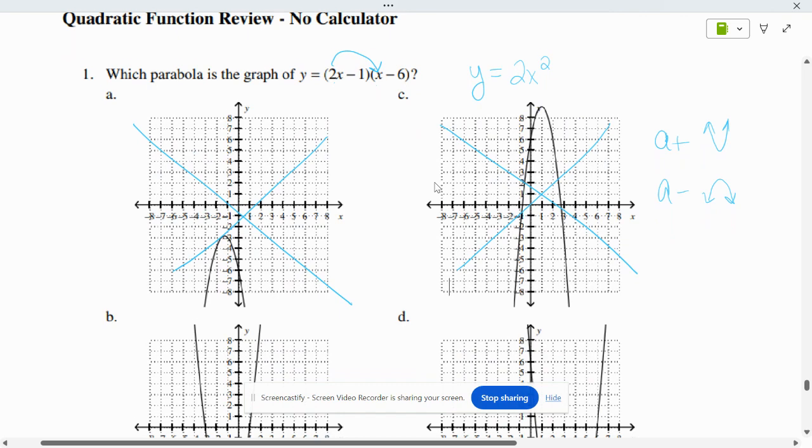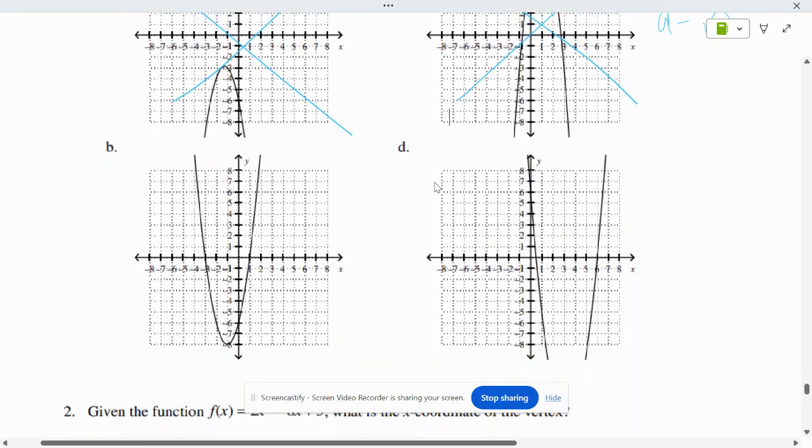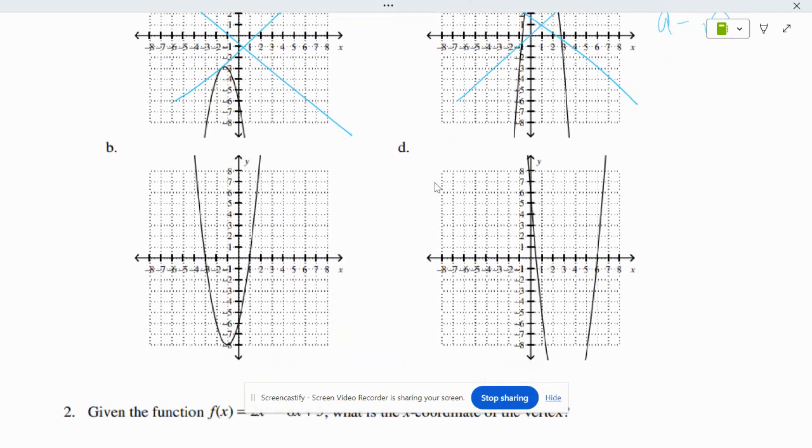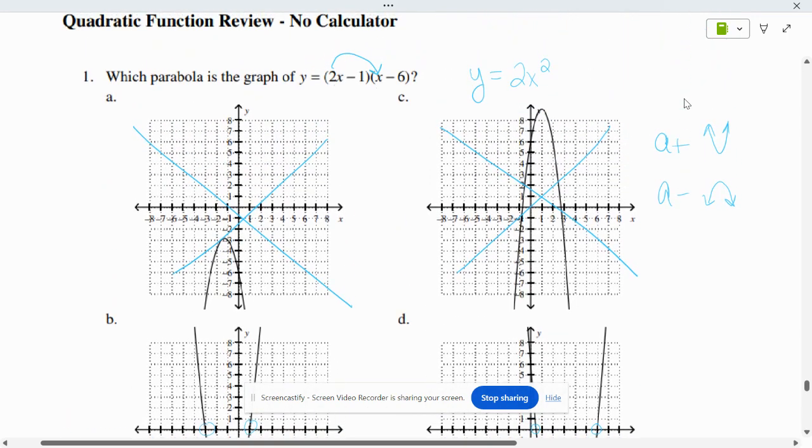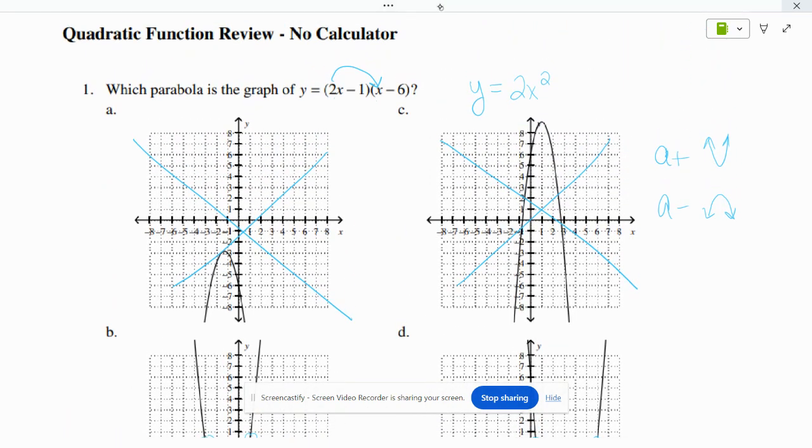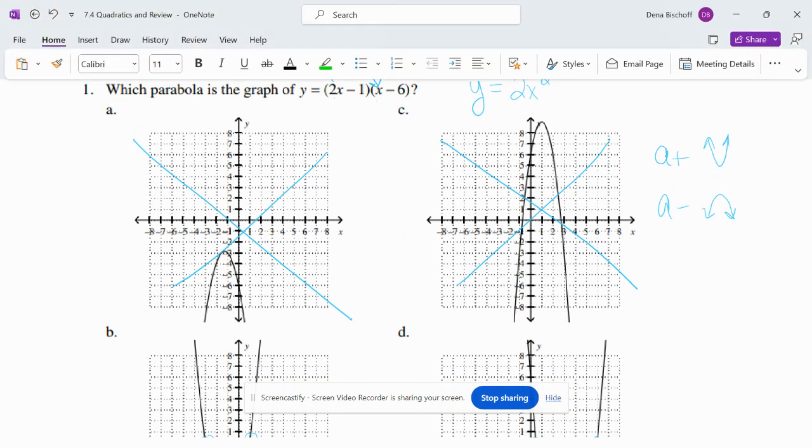So now I'm going to go down and look at these, and I can do this one of two ways. I can either look at the intercepts, so I can calculate the roots, or I can look at that y-intercept. Which one do you think is going to be quicker to find? The y-intercept. Yeah, the y-intercept is the c term, right?